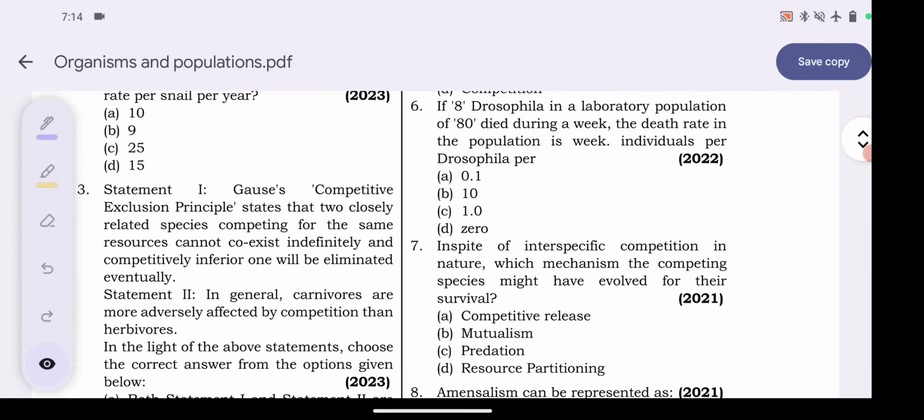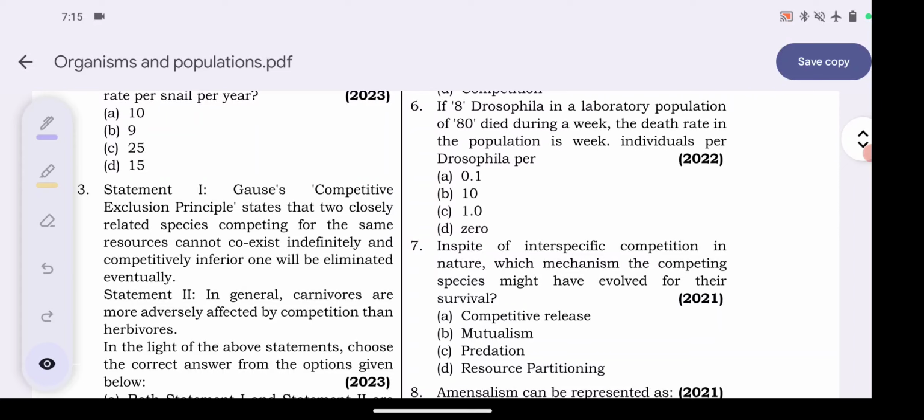Question number 6. If 8 Drosophila in a laboratory population of 80 died during a week, the death rate in the population is how many individuals per Drosophila per week?